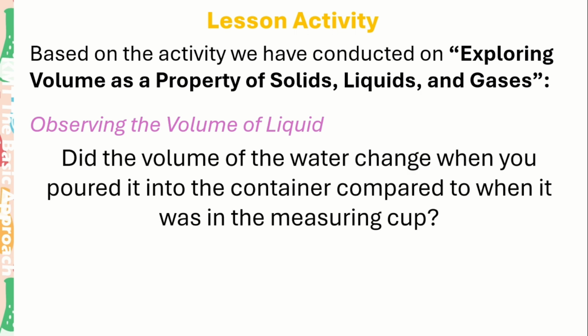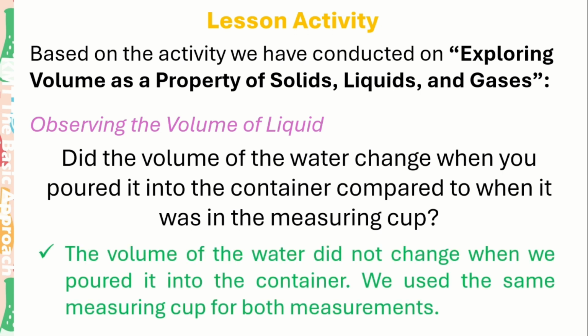Did the volume of the water change when you poured it into the container compared to when it was in the measuring cup? Correct! The volume of the water did not change when we poured it into the container. We used the same measuring cup for both measurements.